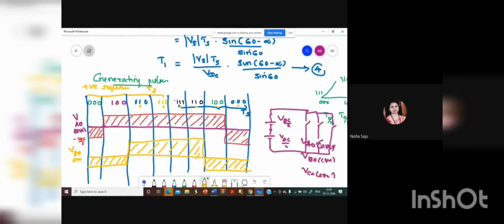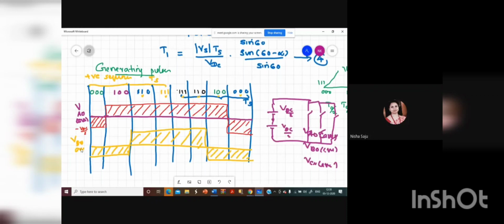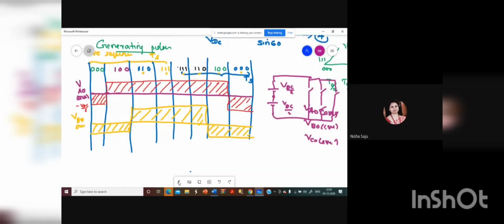Then how will you generate the VC0 average? Again for VC0 average, you have to take the C phase as 1. Here you have to mark this equal to your reference. Then, as you can see, the C phase will be maximum only at the center point.